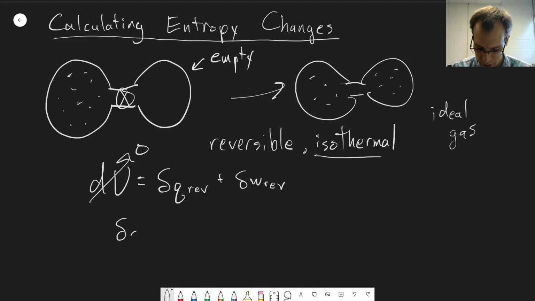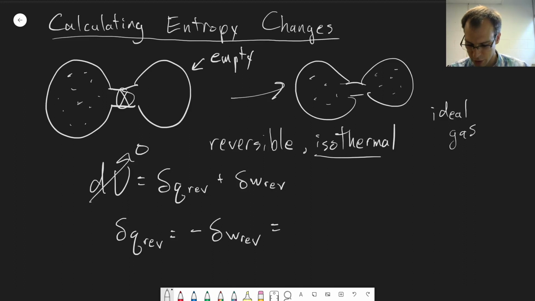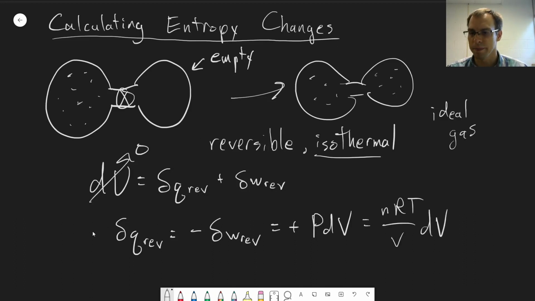So we can say that dq reversible is equal to the negative of dw reversible. And the reversible work is equal to minus PdV, so negative of it is positive PdV, which means we can change this to nRT over V dV.